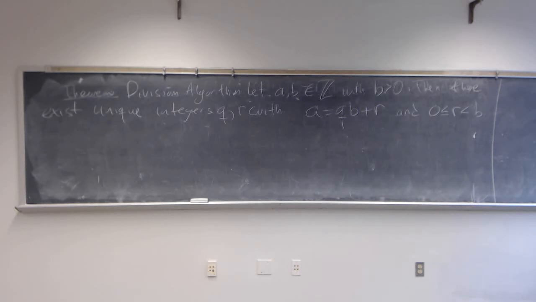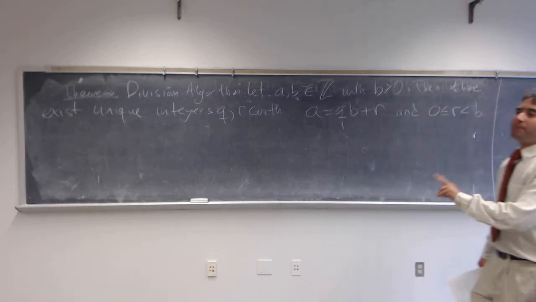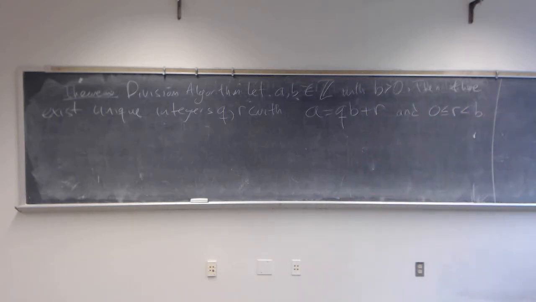So r is called the remainder and q is called the quotient. And the unique means there are no other pair of integers with these properties that satisfy this equation.